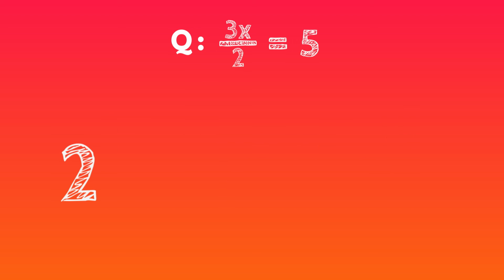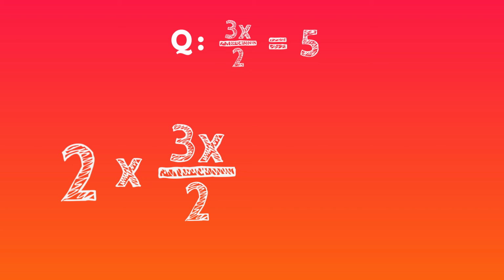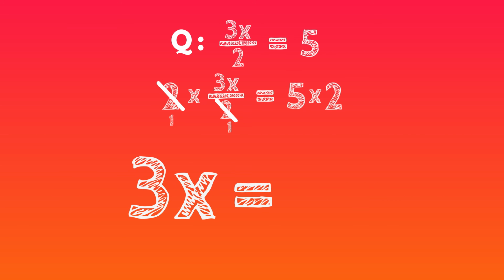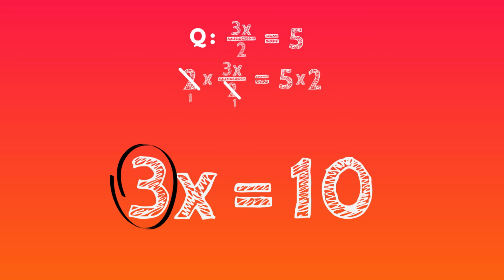So we say 2 times 3x over 2 equals 5 times 2. Now we cross out 2 into 2, 1, 2 into 2, 1. So we have 3x is equal to 5 times 2, which is 10. So we divide the 3x by the coefficient of x, which is 3.